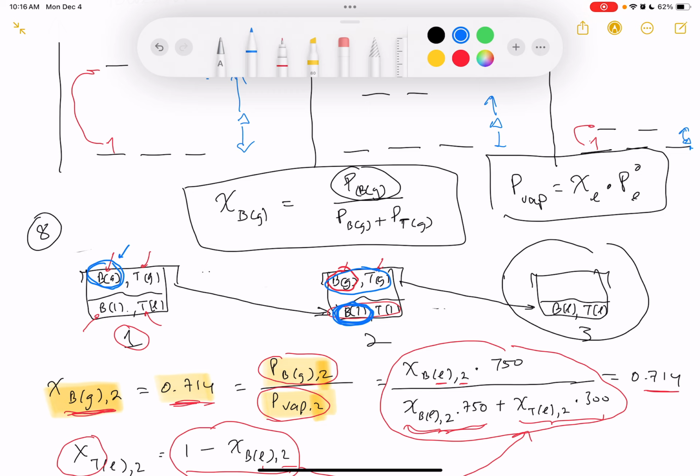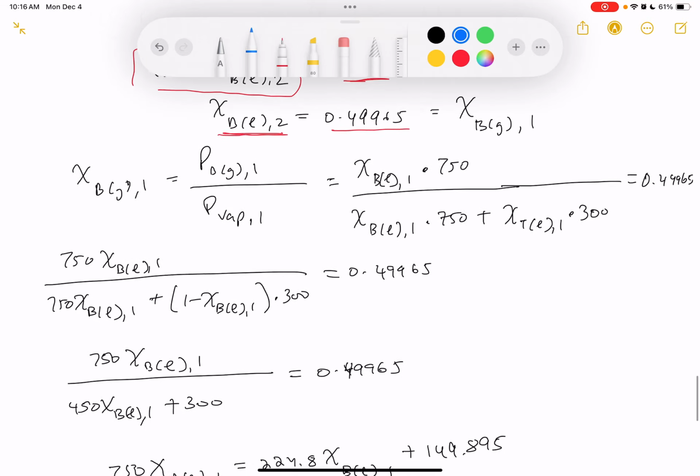This is one thing that I went through in some detail earlier in the Zoom session. So if you're not understanding this clearly, you might want to watch that part of the Zoom session earlier on about why the gas in 1 is the same proportion as the liquid in 2. Because the gas and the liquid are basically the same thing. They're just being changed into different states here.